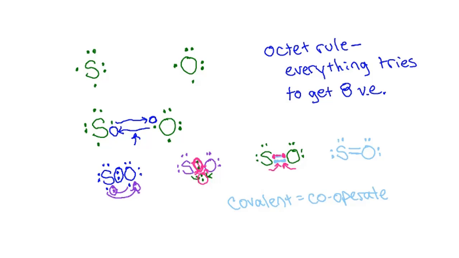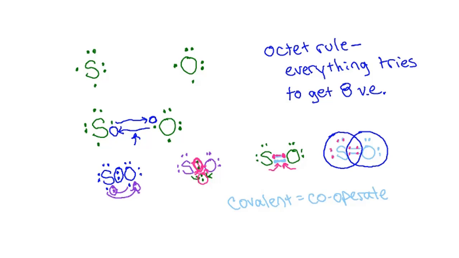And see now, if you draw a circle around the sulfur, and you draw a circle around the oxygen, each of them has 8 electrons. So 1, 2, 3, 4, 5, 6, 7, 8.